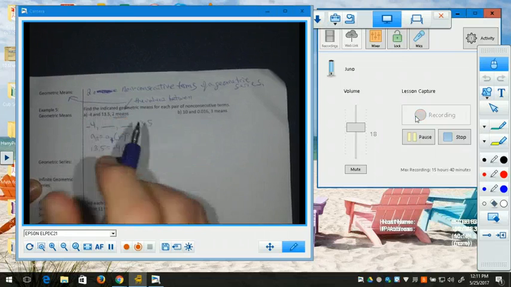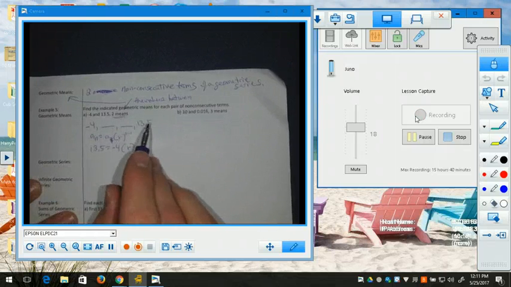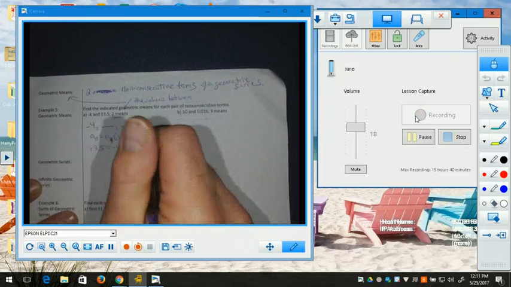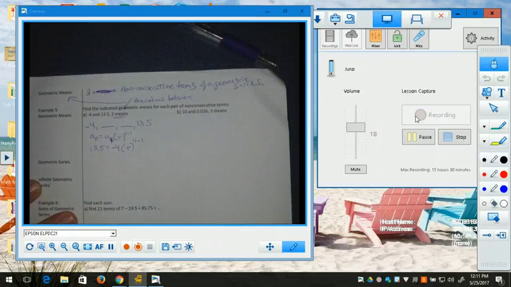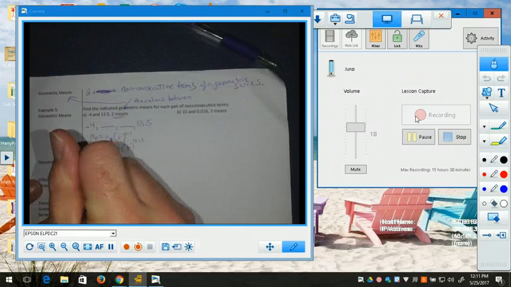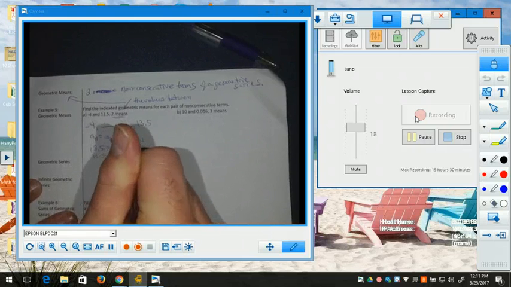The value of r is what I don't know, that's what I'm trying to find. My position right now is the fourth position, and the other one we're considering the first position, at least in what's available for us to observe of this sequence. So that makes r cubed: 13.5 equals -4 times r cubed.